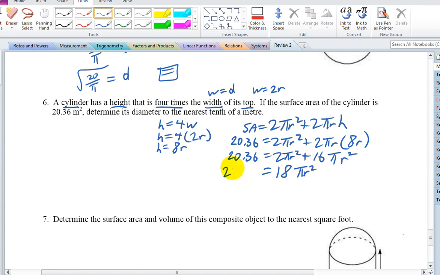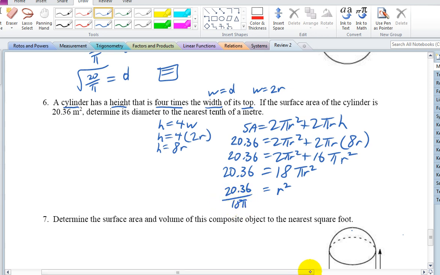Only now do we have pi r squared terms. Okay. So, how do we get r squared by itself? How do we get rid of this timesing by 18 pi? Well, we move it to the other side and divide by 18 pi.